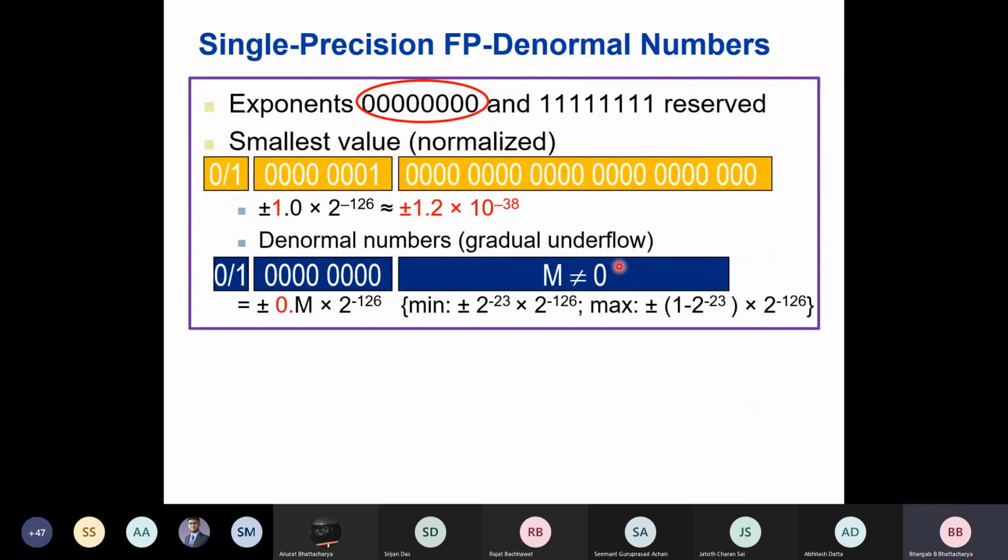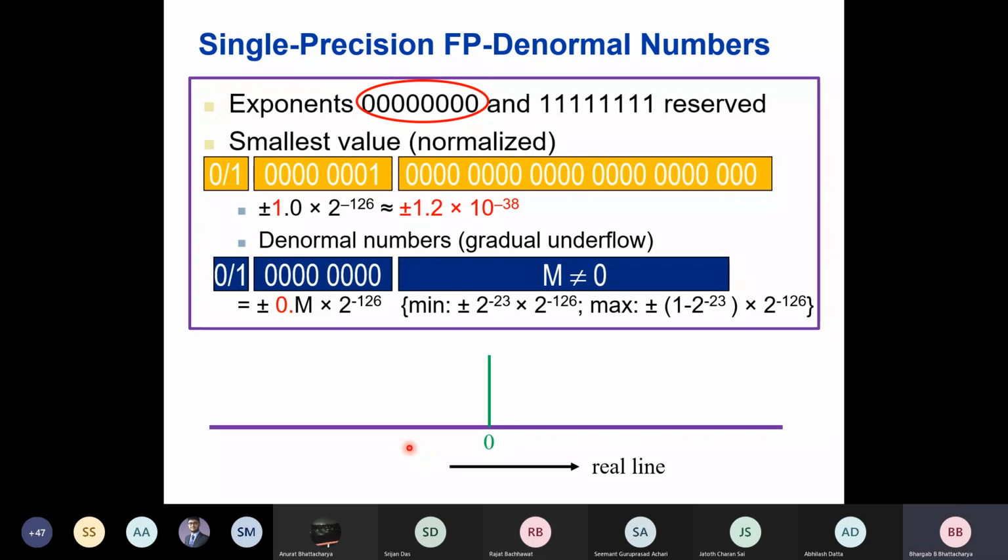So this is gradual underflow. We are going beyond the minimum normalized range. The number could be still smaller. So in terms of the real line that we showed again, we can see where these denormal numbers will go. As before, we have this maximum range on the right and the maximum range on the left, and then we have the minimum representable normalized number, I mean the smallest representable number on the positive side.